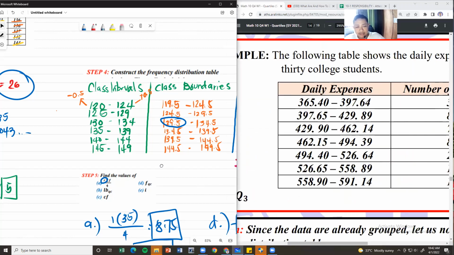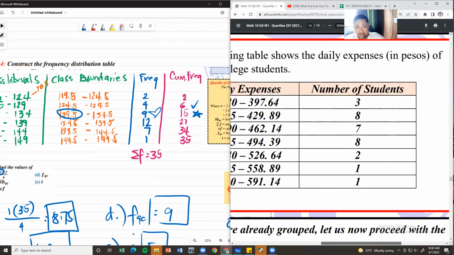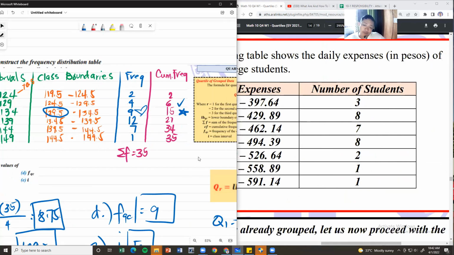And then your frequency is already your number of students. Ang wala na lang yung cumulative frequency, and that's easy to do. You just add from top to bottom, and then you will end up with the same number as the N, or the summation of frequencies. Okay? And then formula na kayo agad.